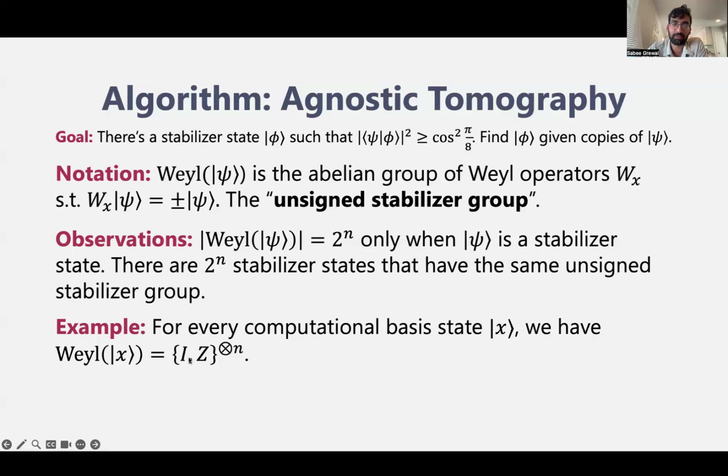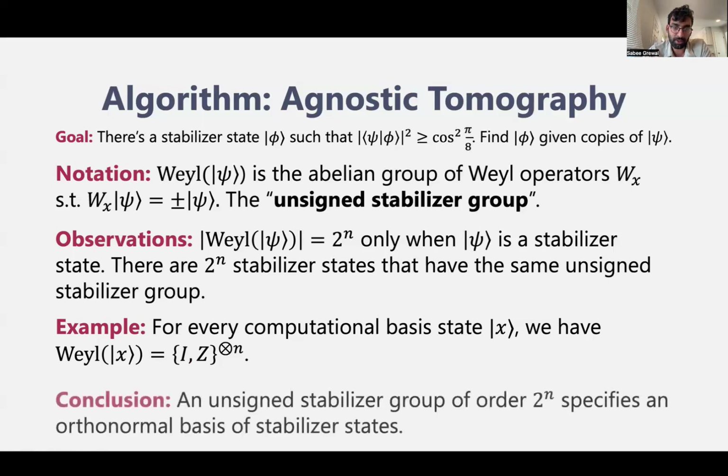In order to specify a particular computational basis state, you need to assign plus or minus one phases to the Pauli Z's. And since there are n generators of this group, you have 2^n choices of where to put a minus one phase and not. So the main takeaway of this slide is that if you have an unsigned stabilizer group of order 2^n, you are specifying an orthonormal basis of stabilizer states.